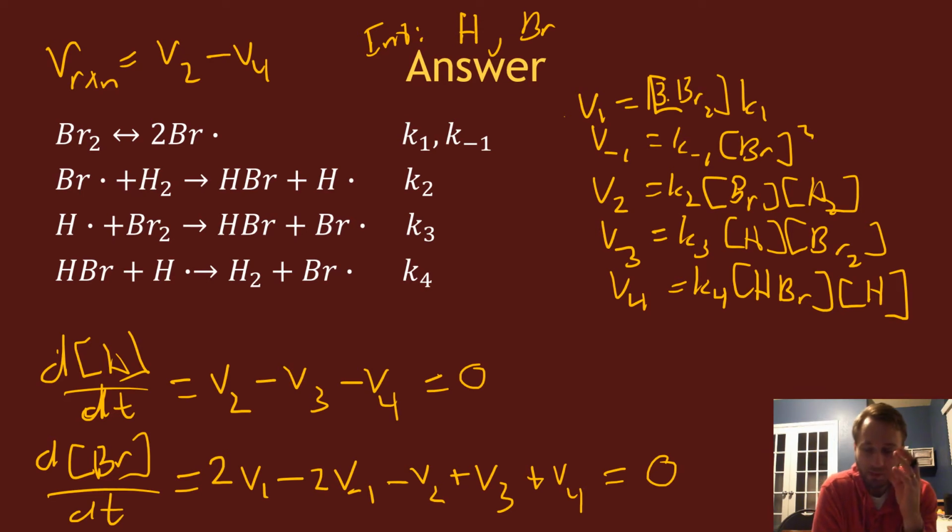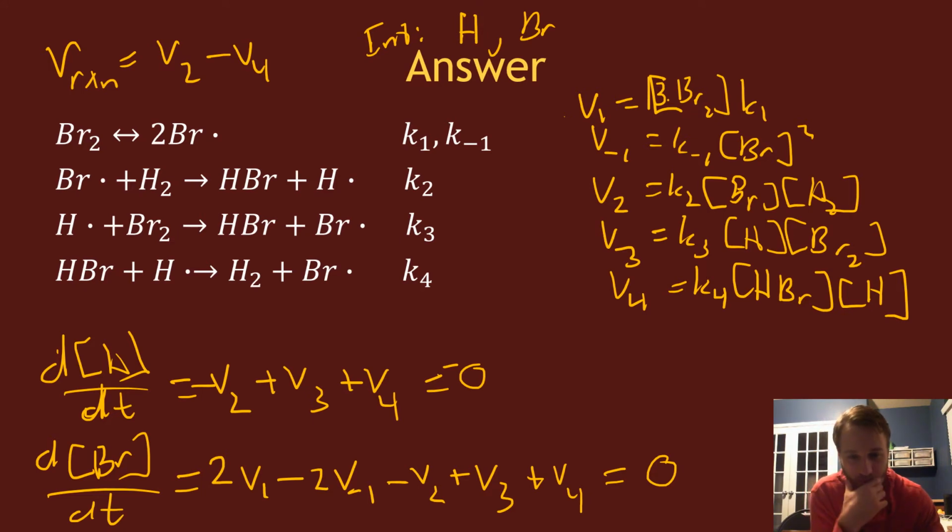So again, I write things out like this sometimes because it's a little bit easier to see some tricks that we might be able to do. Like if I look here, I say, okay, V2 minus V3 minus V4 equals 0. We'll multiply this entire thing by a minus sign: minus, plus, plus, and then minus 0 is still 0.